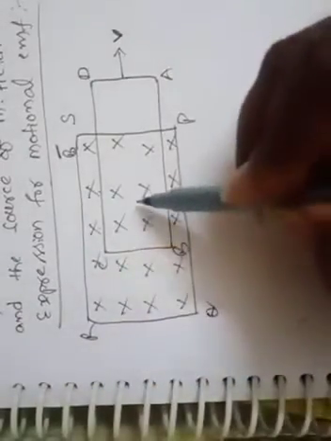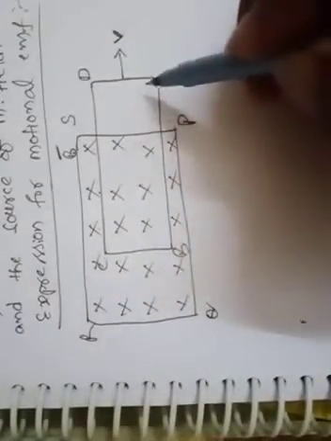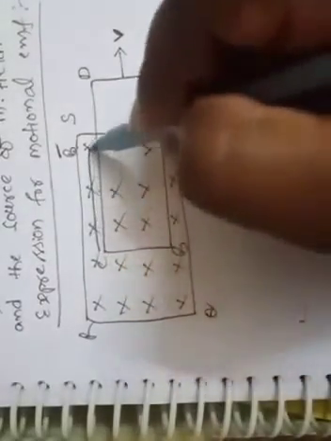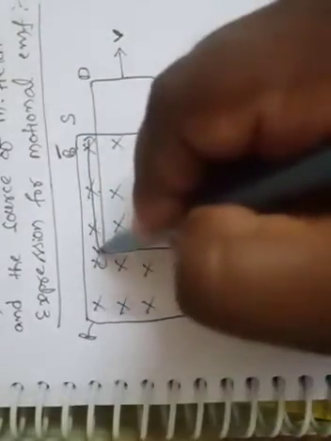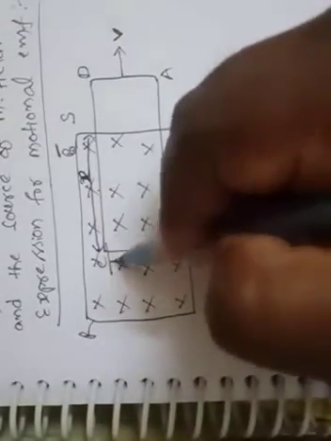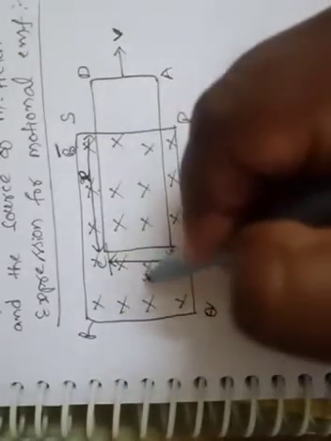And in this magnetic field we have taken a closed coil named ABCD. Initially the length of this coil inside the magnetic field will be X, and the BC part, let it be L.